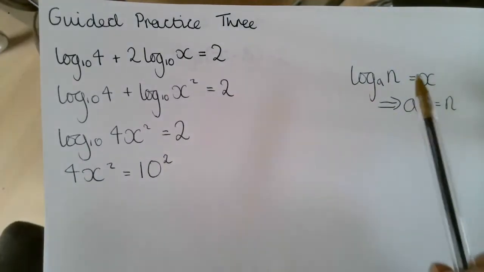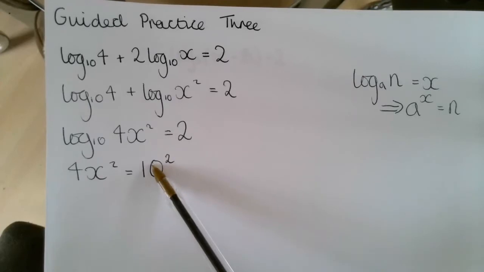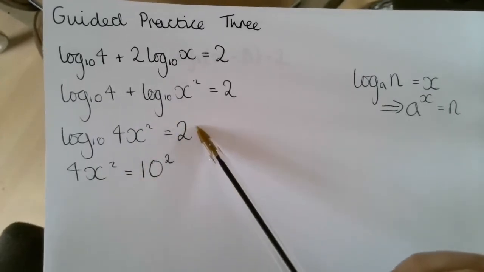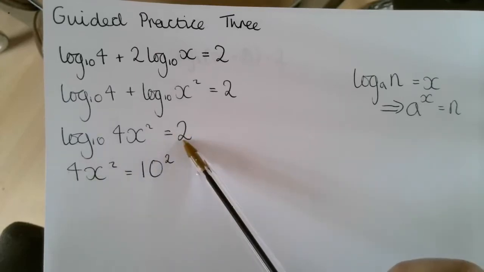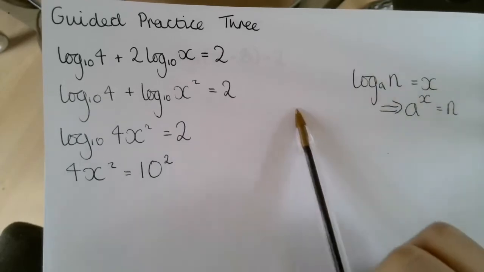That's what we looked at last lesson. So here we had a base of 10, so that's why we've got a 10 there, of 4x squared is equal to 2. So that means 10 squared is equal to 4x squared, using this rule of logarithms here.